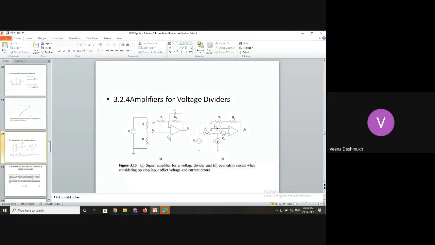We'll see how exactly that is achieved with the amplifiers and voltage dividers.